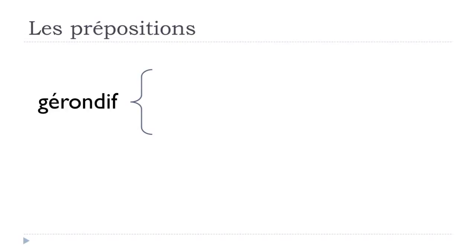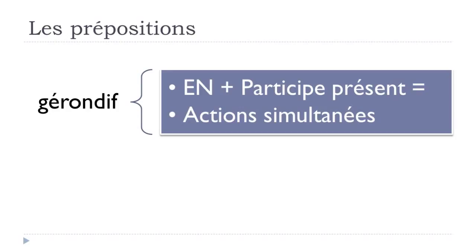And then maybe the last use that I wanted to introduce is what we call the gérondif. It's a bit tricky because we didn't yet see the participe présent. It will come soon, don't worry. But I just wanted to be honest with you and introduce it, even if we didn't see yet the participe présent.